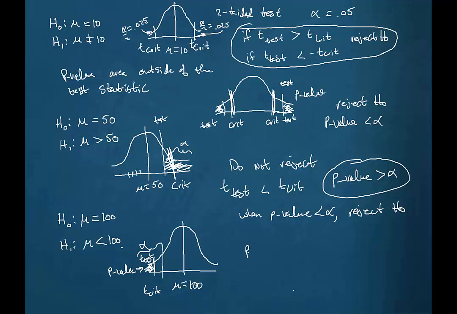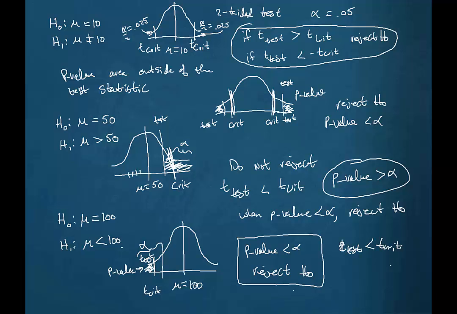So in this case, the p-value is less than alpha, so we would reject the null hypothesis. Again, we are seeing that this method is consistent with whether or not the t-test value is less than the t-critical value in this left-tailed test.